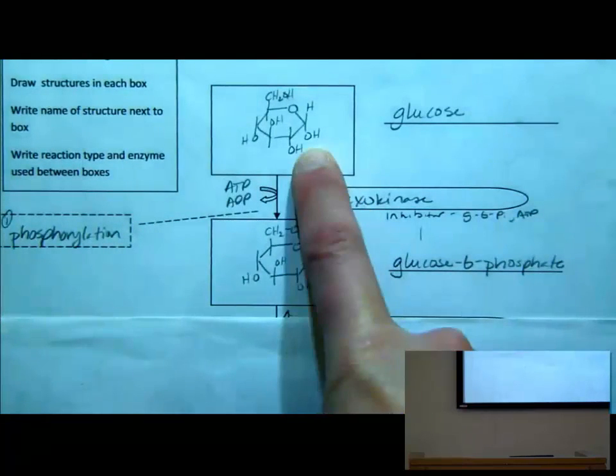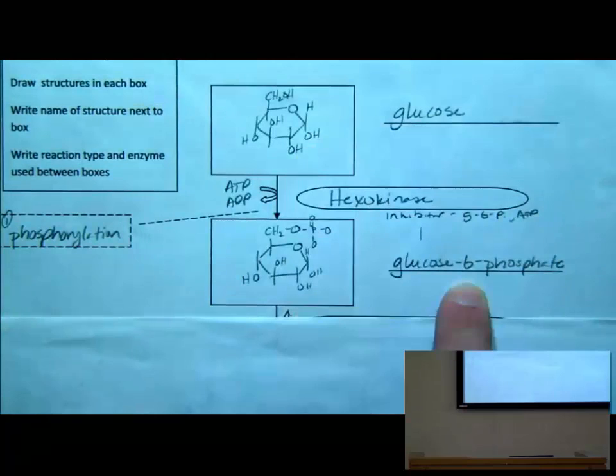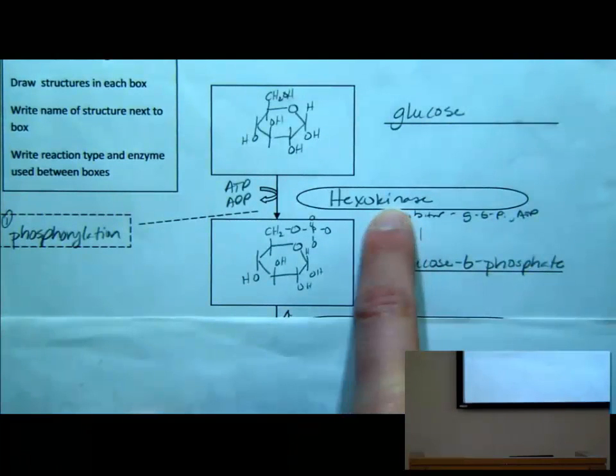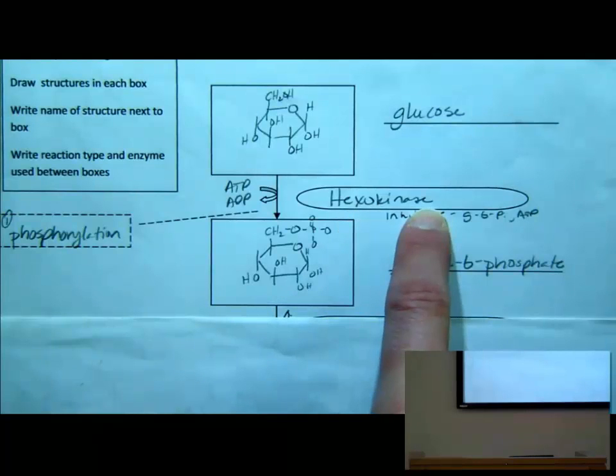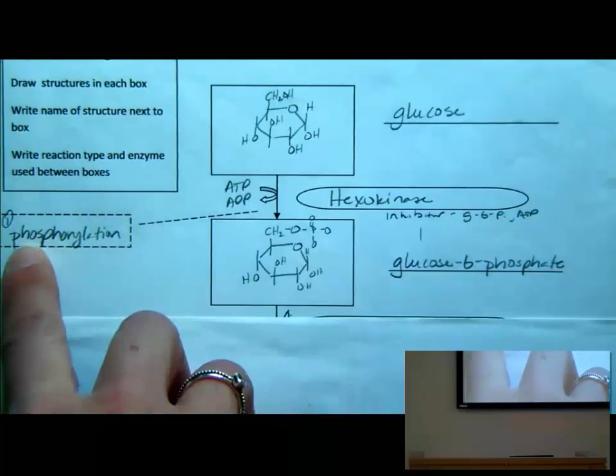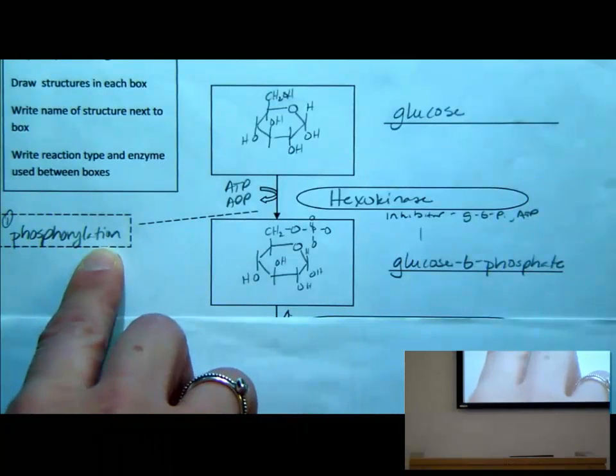You can look at your notes too to help you out. The enzyme hexokinase is going to go into the oval, and the dotted one is going to say what the reaction step is. And then here, ATP is going in and ADP is going out.